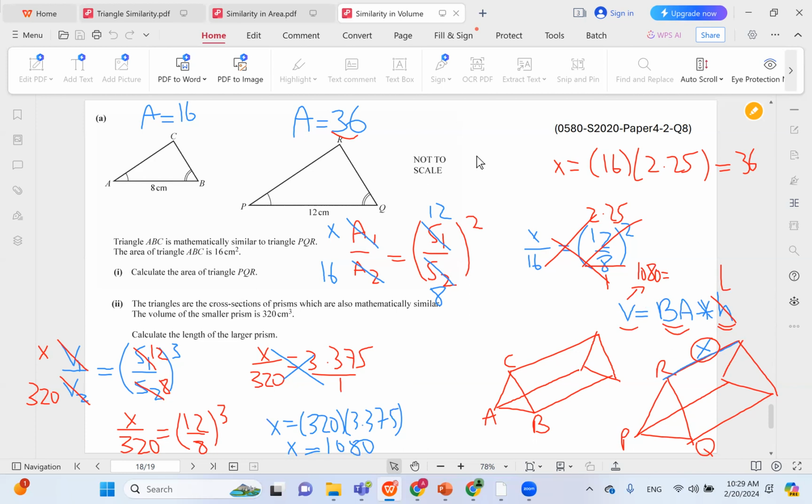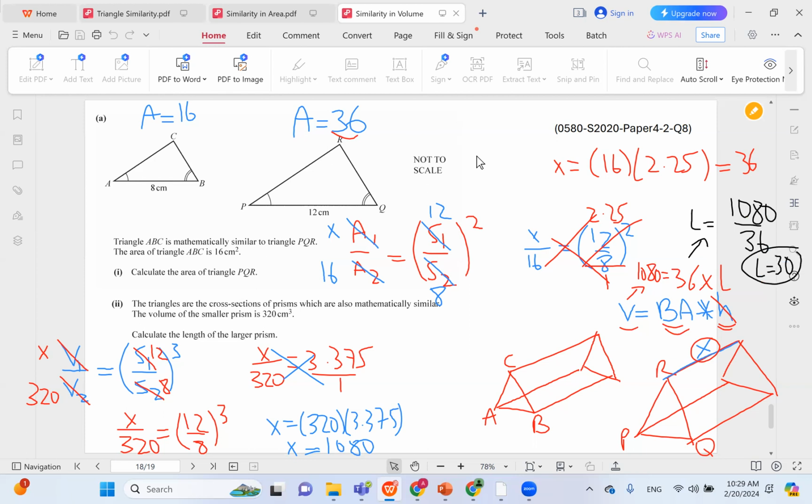So 36 times L equals 1080. The length that we're looking for as a final answer would be 1080 divided by 36, which gives us 30. And 30 is the final answer.